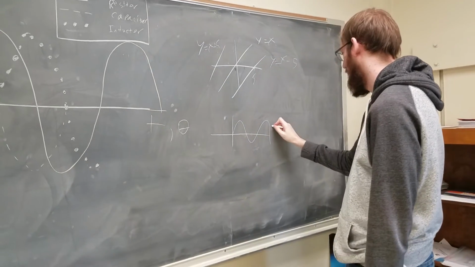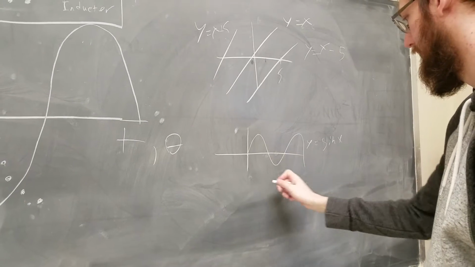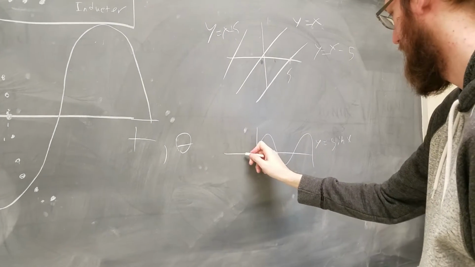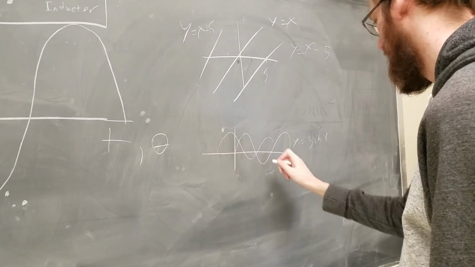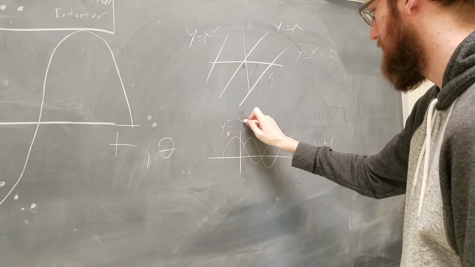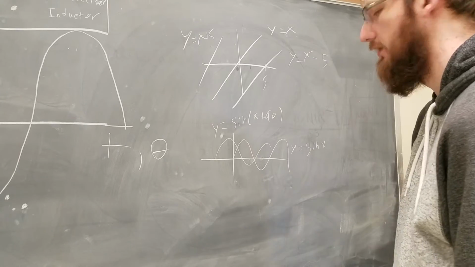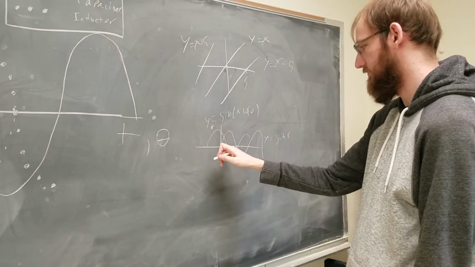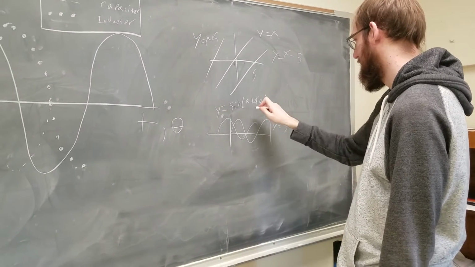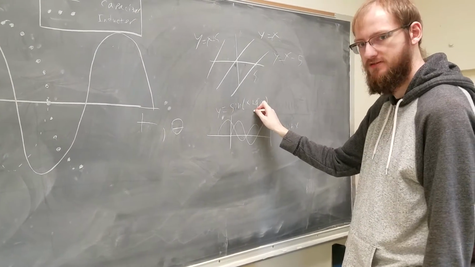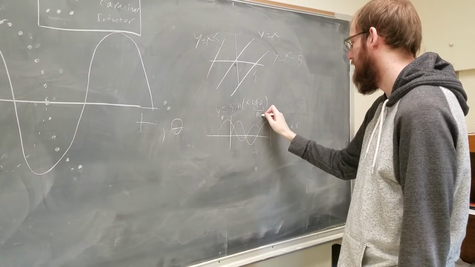We can say y equals sine x, or we could shift it over to the left, and we can say this is y equals sine of x plus 90. So you can see we've shifted over 90 degrees. It's the exact same process, it's just with sines and cosines and angles, and this quantity has a special name. That special name is phase.